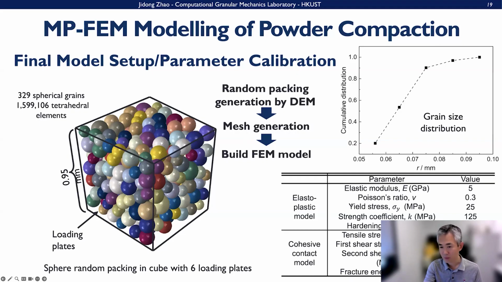And those model parameters have been selected for both the elastic model and the cohesive contact model. The model parameters are reported in the literature, so we just directly select them for the study purpose rather than to generate elastic behaviors here, right?